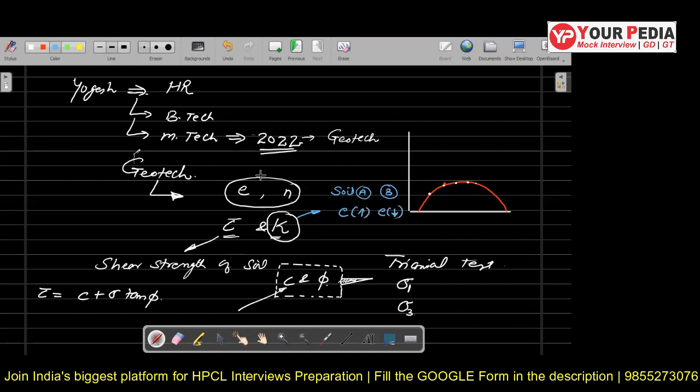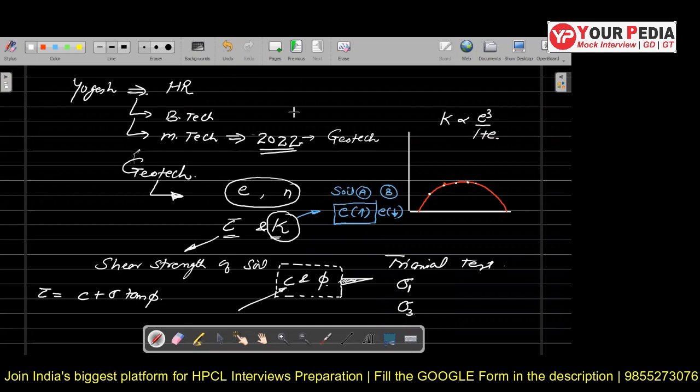Which one has higher permeability and why? Soil A, sir. Because, as we know from the Kozeny-Carman equation, permeability of a soil is directly proportional to e cubed upon 1 plus e.